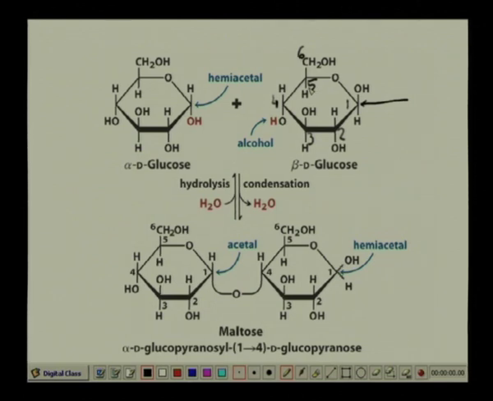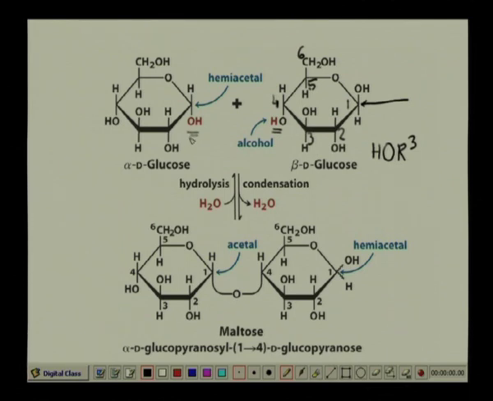So, what is the linking? We are linking this, which is a hemiacetal, with the OH here. So, we have HOR3. What is R3? R3 is the rest of the molecule. So, this is our hemiacetal now, that is going to link with this alcohol to form an alpha 1,4 linkage.